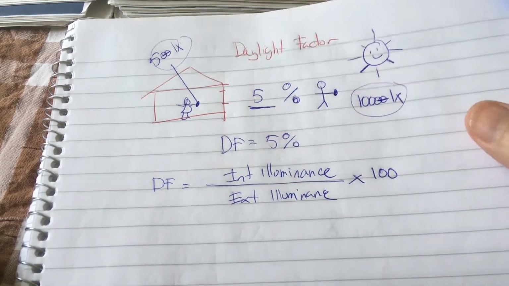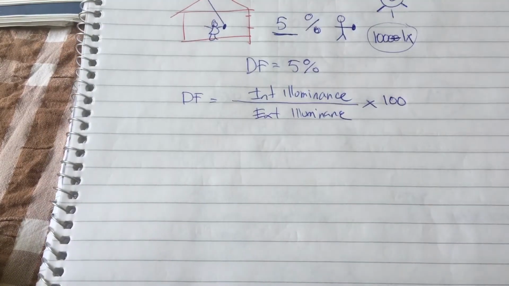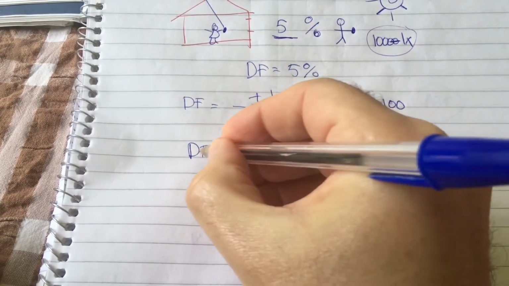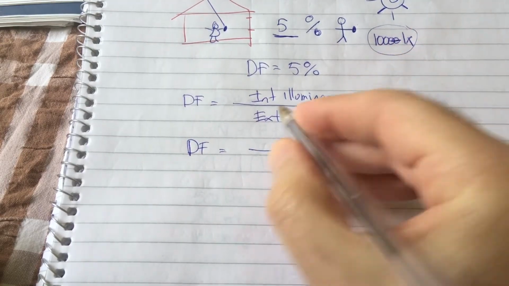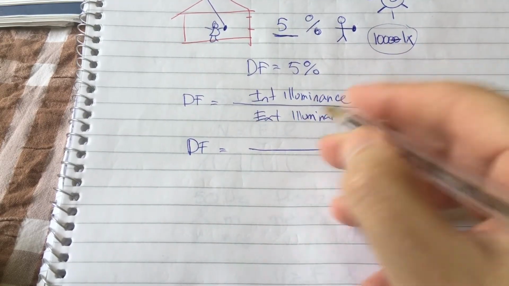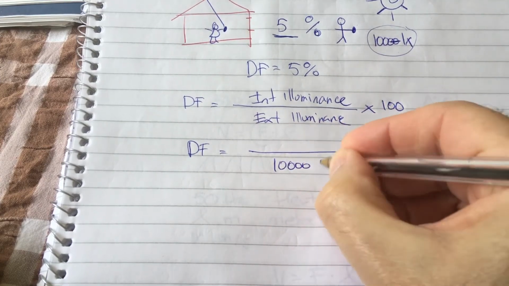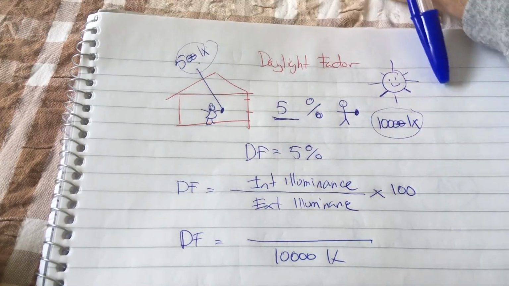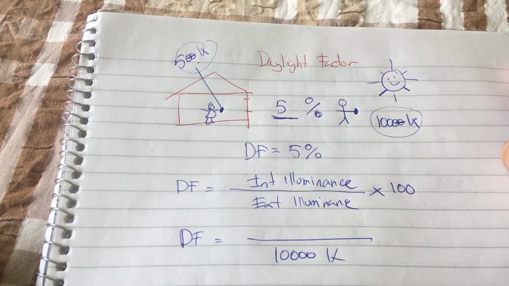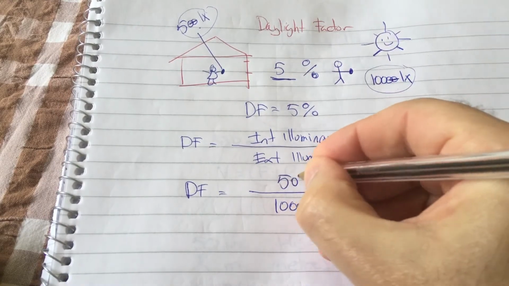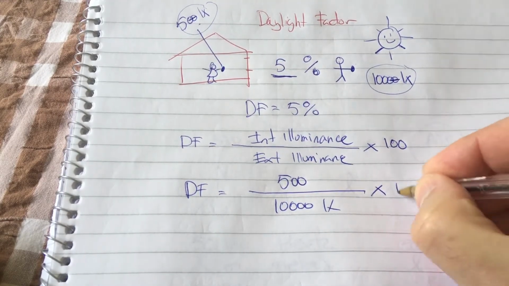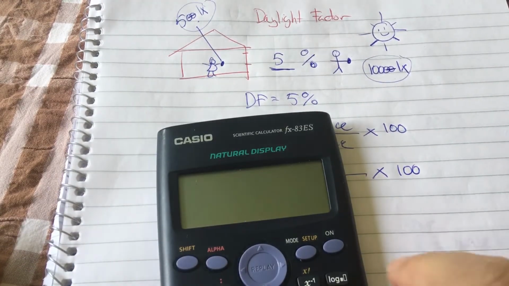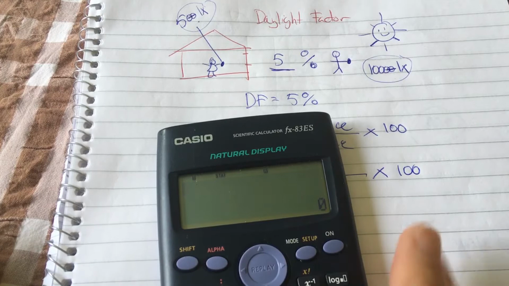So let's see if it is true what we had in this instance. So we got the daylight factor to be equal to this, and the exterior illuminance was 10,000 lux, and then the interior illuminance was 500, and then that's times 100. Yeah. Now I'm going to get my friend the calculator, and I'm going to write these figures here.